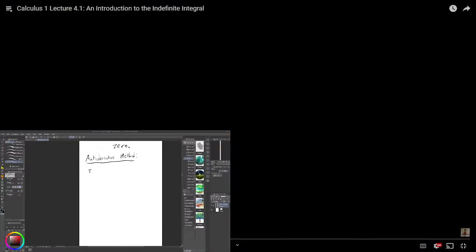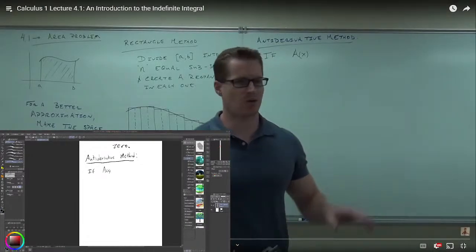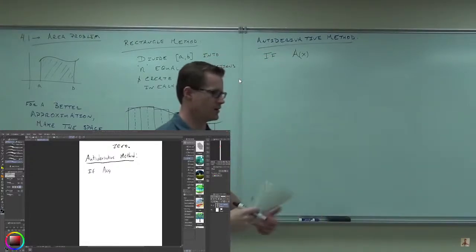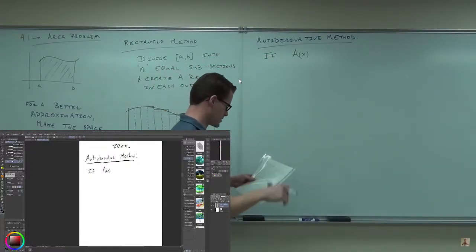If A of x, here's kind of the special deal, here's what you find out, the end game of section 4.4 is this basically.